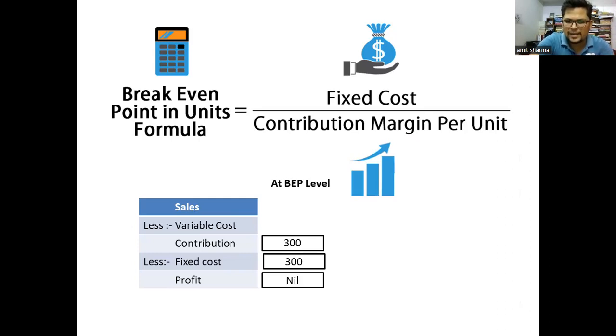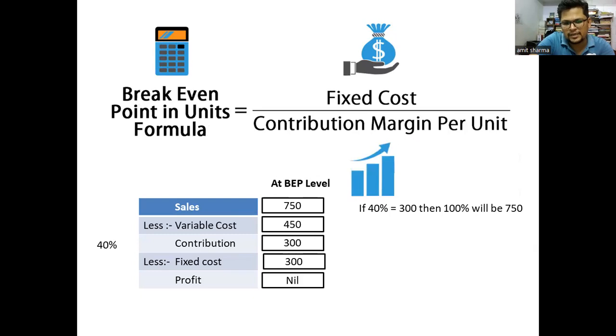So that's why this formula is working, because if the fixed cost is 300 rupees, and we also know that the variable cost was 60%, so if the 40% contribution equals 300 rupees, then 100% will be 750. And now we can easily calculate variable cost. I did this equation with the previous example.